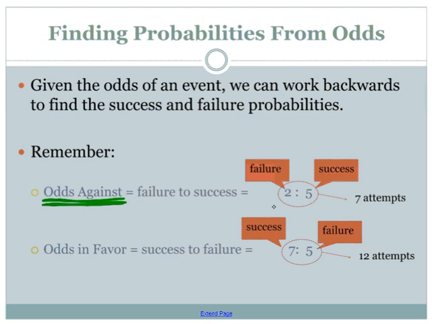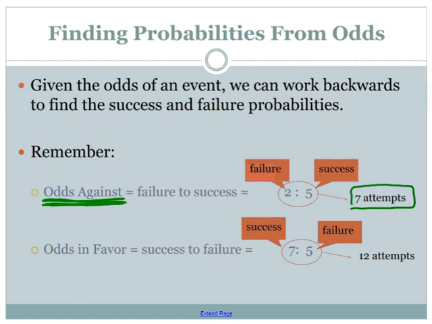So if I have some event where I have 2 failures and 5 successes, that would mean there are 7 total attempts, if you will. That's just the best way to think about it.